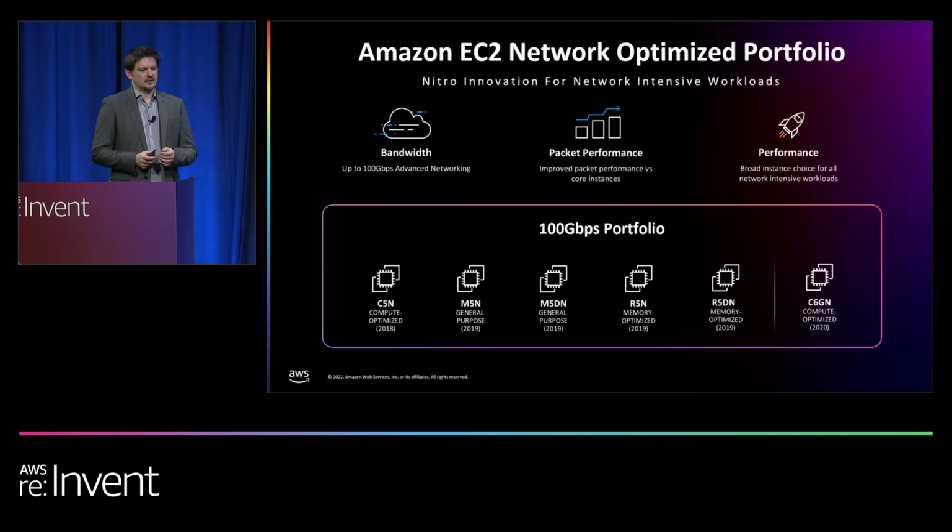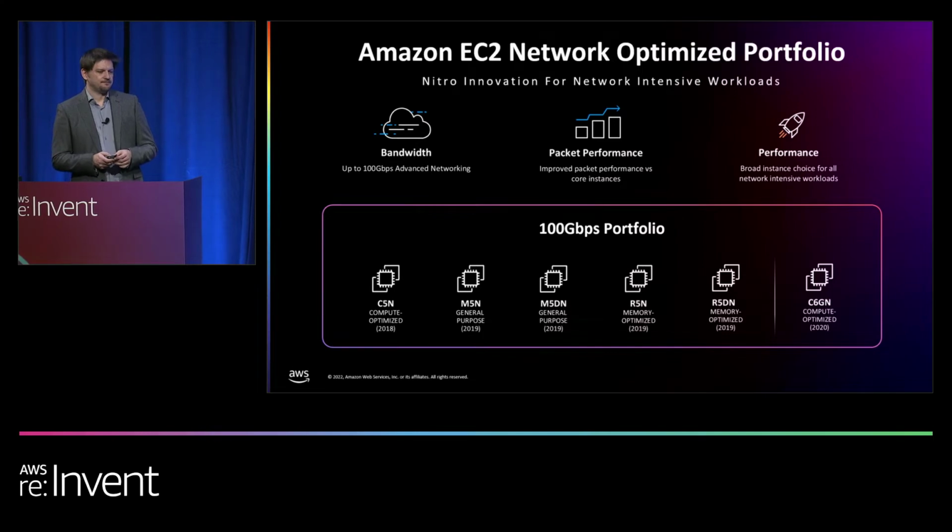And we've seen a lot of customers optimize their workloads to transition to Nitro to save on cost and take advantage of some of this improved performance. So we've been offering a pretty broad portfolio of instances to support a variety of workloads, but we asked ourselves, what's next?